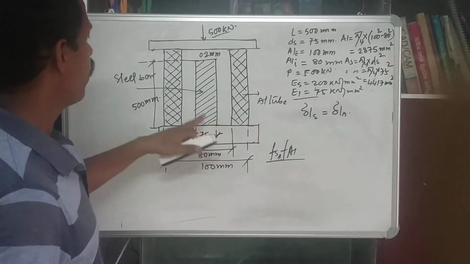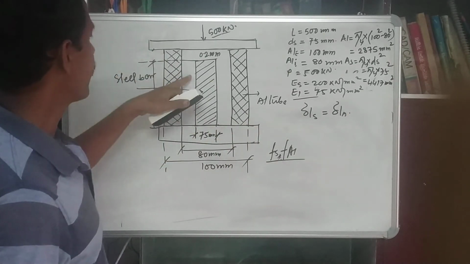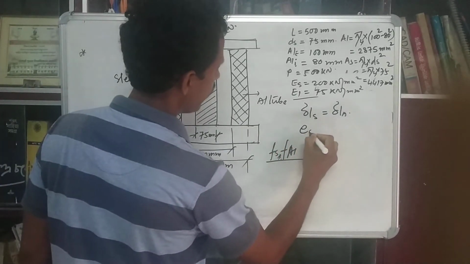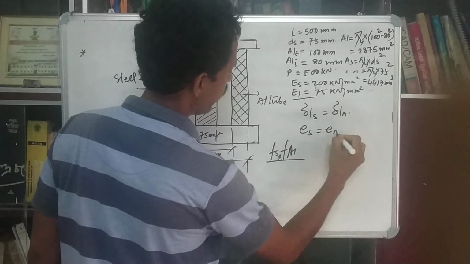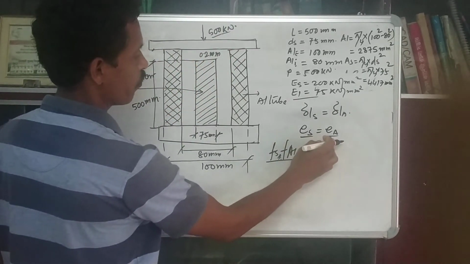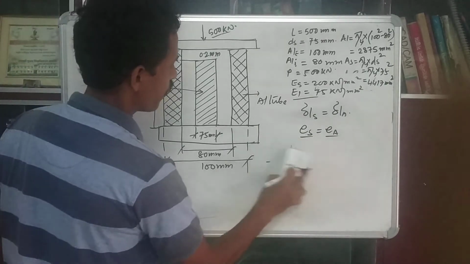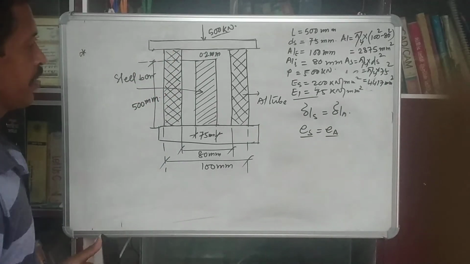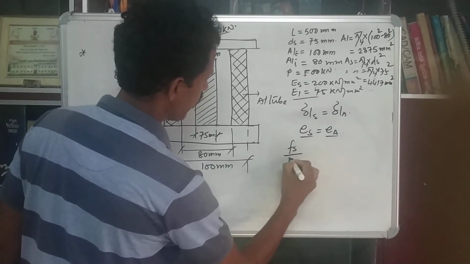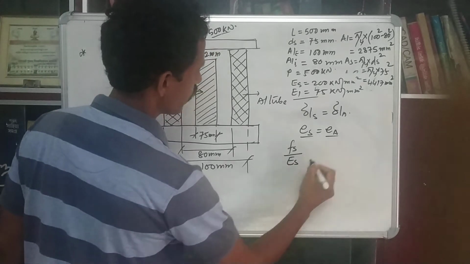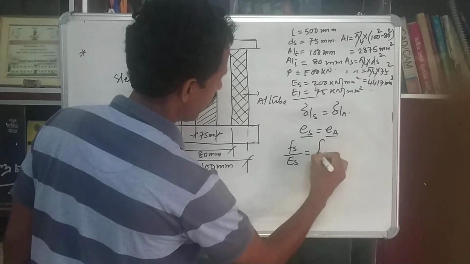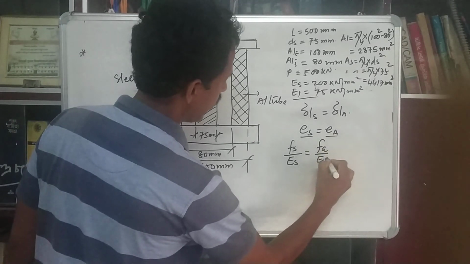The elongation of the aluminum tube and the steel bar is the same, so similarly epsilon S is equal to epsilon A. That means strain of aluminum and strain on steel will be the same. Epsilon S is equal to Fs by ES, and epsilon A is equal to Fa by EA.